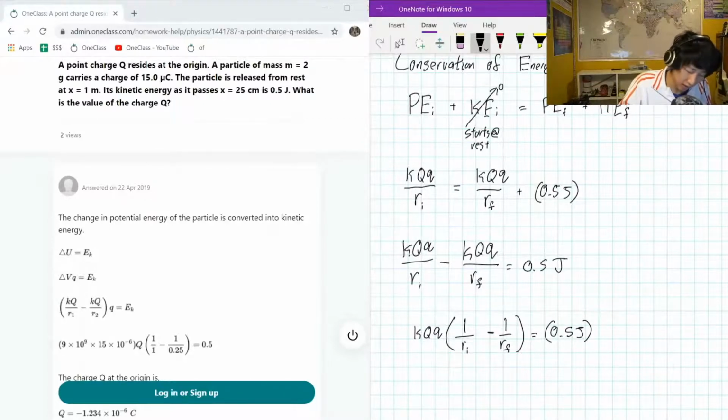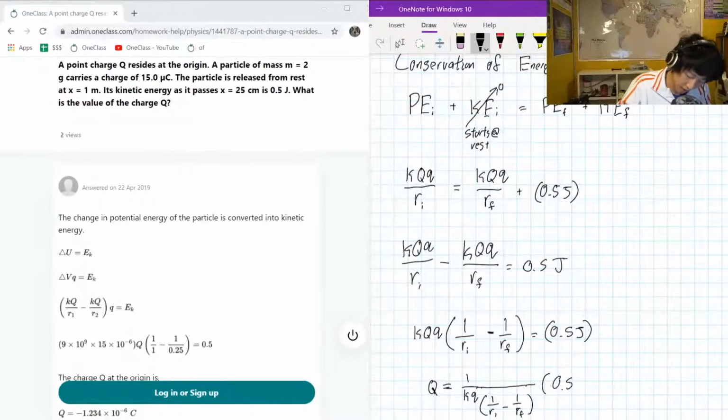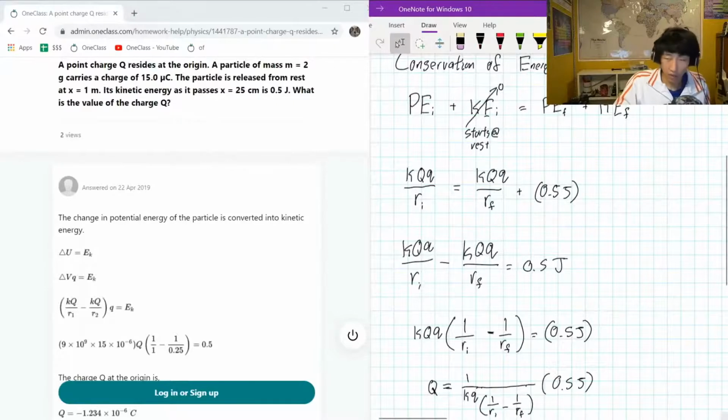And to isolate for big Q, we will need to have 1 over kq times 1 over (1 over Ri minus 1 over Rf) times 0.5 joules.